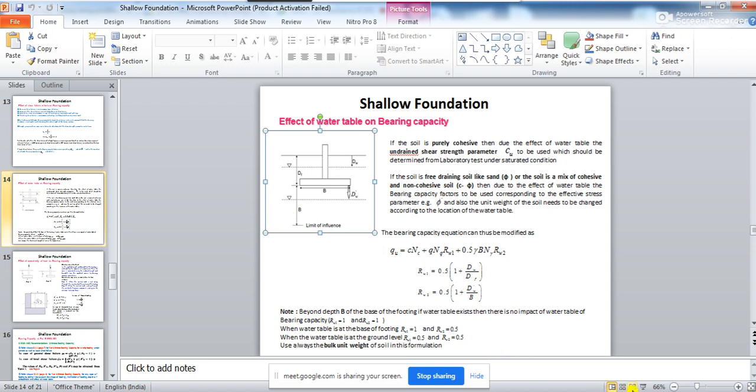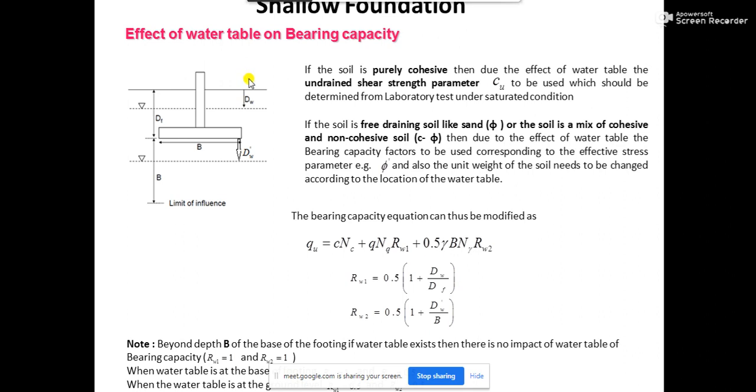Let's say in this diagram, this Df, the depth of the footing, is 1 meter, and the breadth of the footing is 1.5 meter.